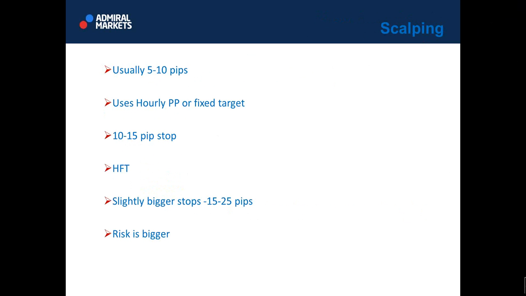There is also high frequency trading, HFT, which stands for opening a huge number of positions during one session or during 1 hour.